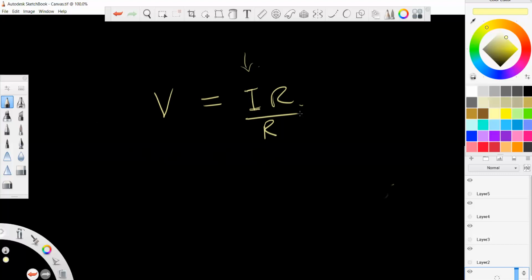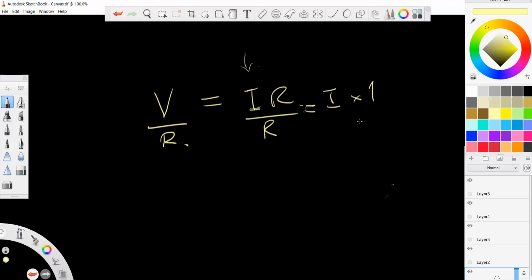Okay, so I can divide the right-hand side of this equation by R, as long as I also divide the left-hand side of this equation by R. Yeah. Now, what that means is that the right-hand side becomes I times R divided by R. Well, R divided by R is just 1. And of course, if I multiply I by 1, I just get I. In fact, if you look into really serious maths about numbers, that's literally the definition of 1.